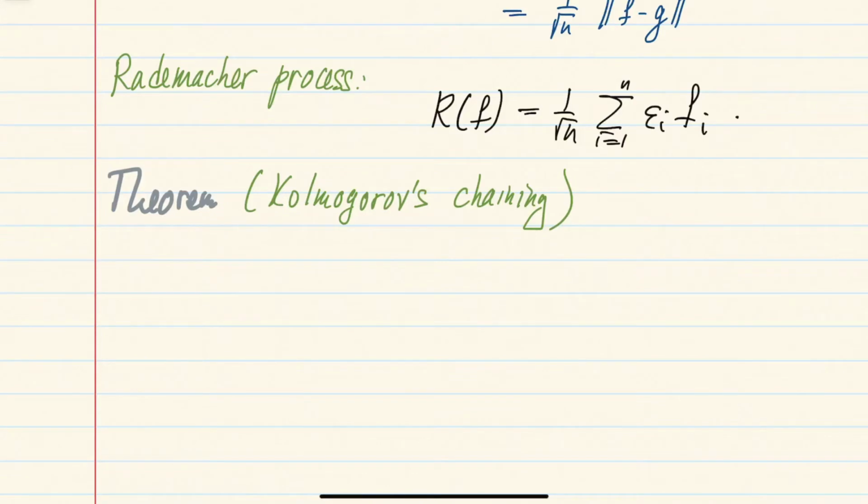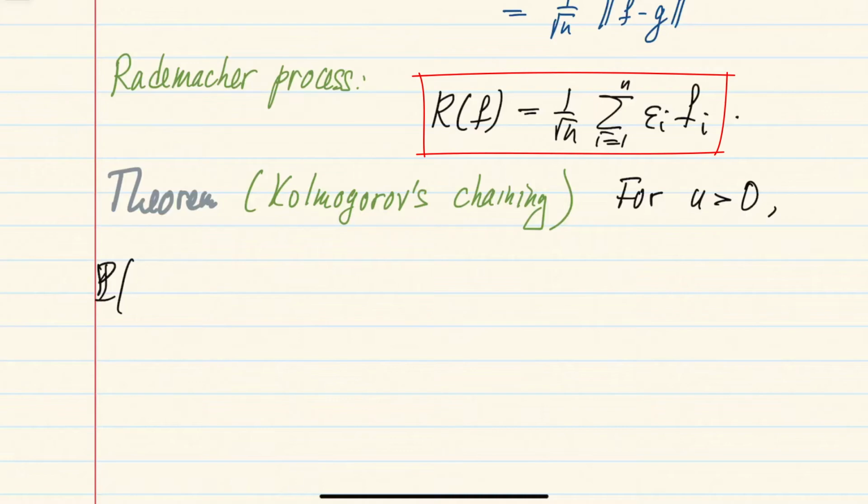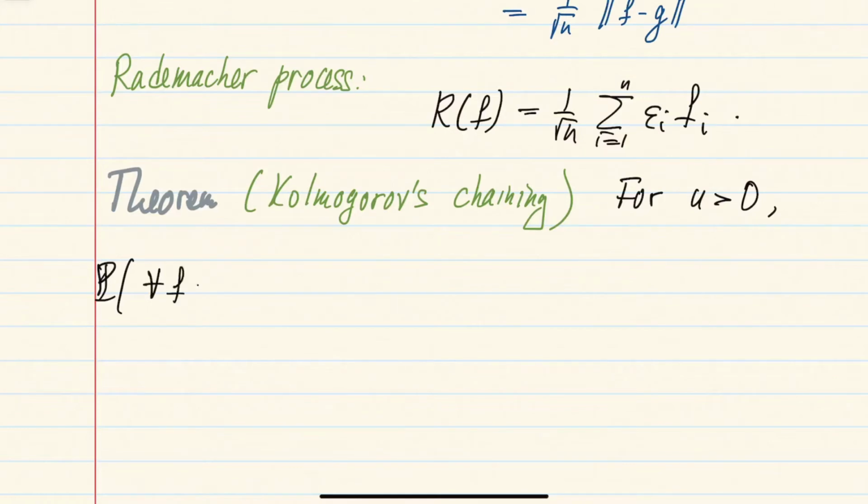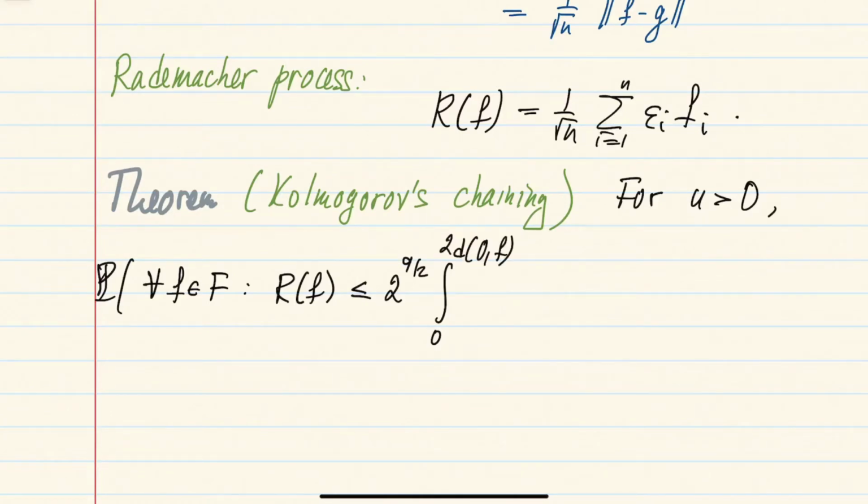which states the following, that for any u bigger than 0, we will be able to control this Rademacher process, which is a random variable, in a certain way uniformly, or for all f in our set F. So for all f in our set F, we'll have the following inequality, that the Rademacher process can be bounded by some constant, and we'll have some specific constants coming out from the proof, times the integral from 0 to twice the distance between this vector f and 0 of the square root of the logarithm of the packing number.